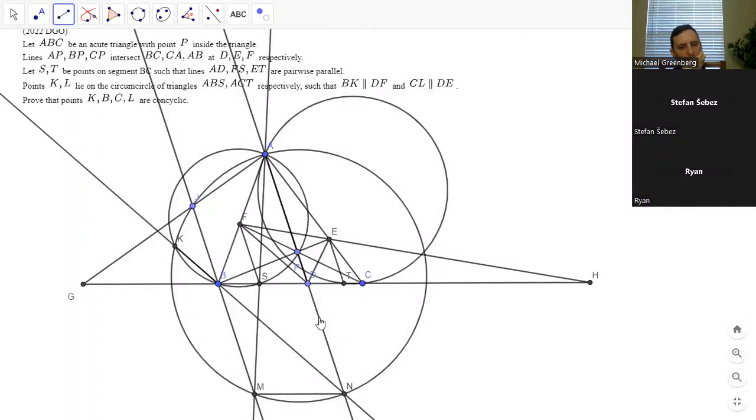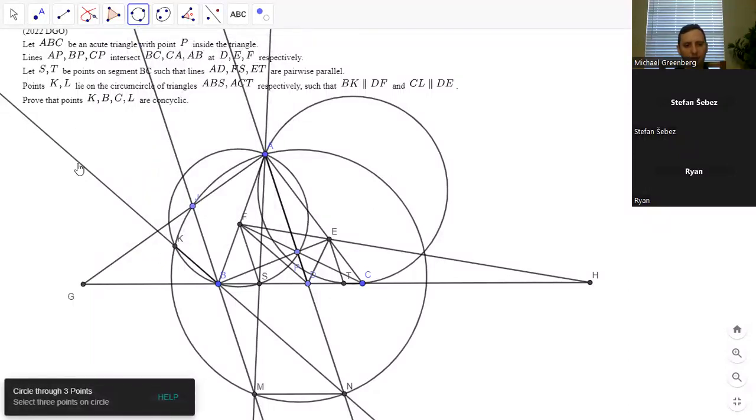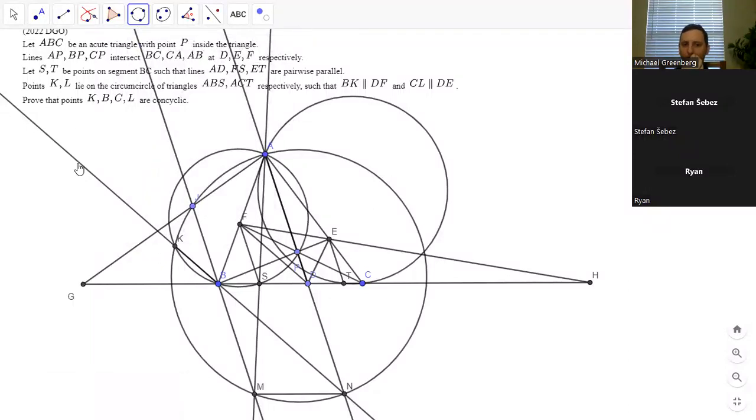Let me just see that for a second. Yeah, that is quite obvious. You just have that angle ANM is ADB, and you have that JBDA is like an isosceles trapezoid. So basically, we have that AMKJ is cyclic. And then it's easy to see that this circle's tangent to both.